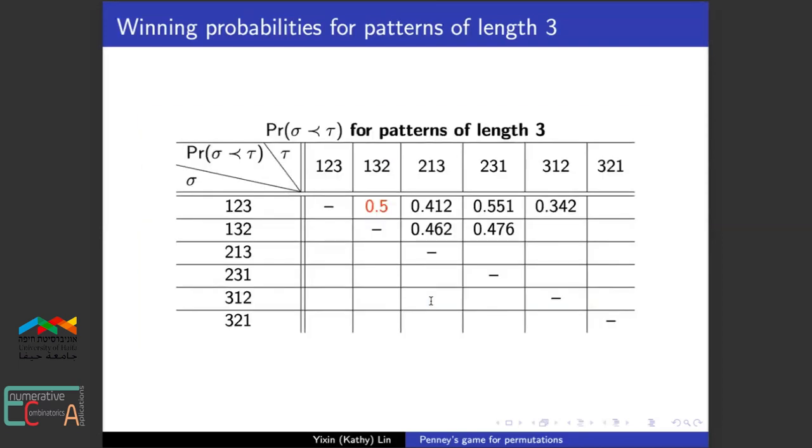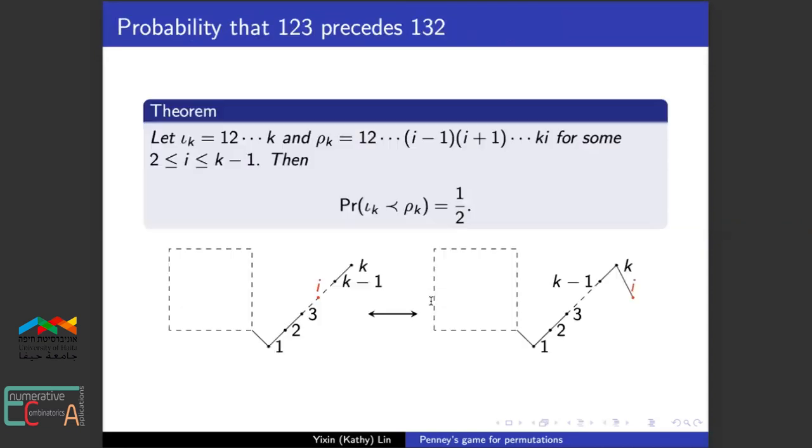To see why it's a tie between 1, 2, 3 and 1, 3, 2, we have a general formula: if we have an increasing pattern and an almost increasing pattern except for the I here, then the probability that I k precedes rho k is half, and the bijection is simply to move I to the end and move it back.